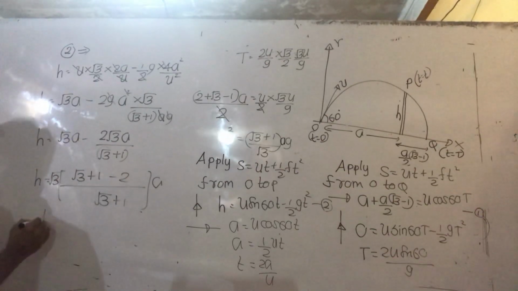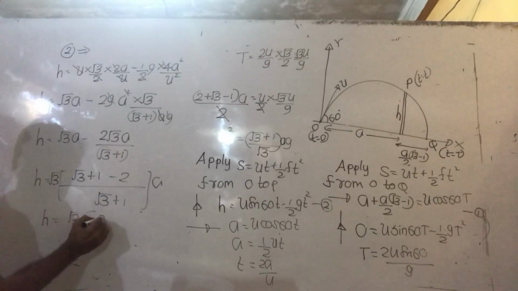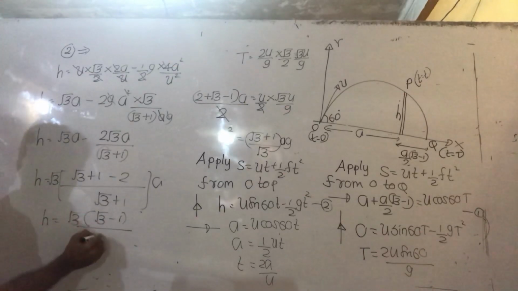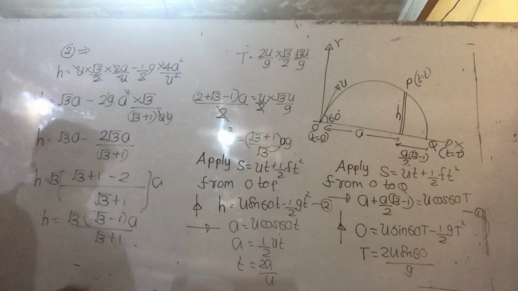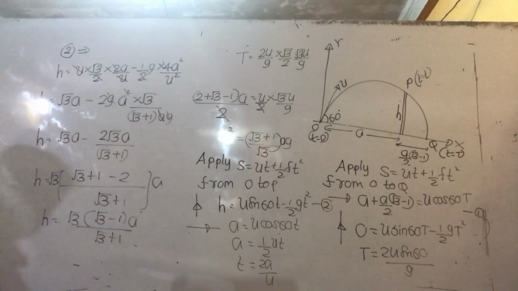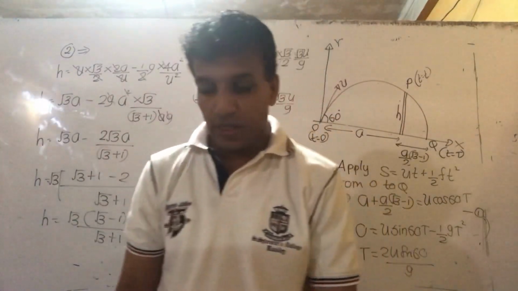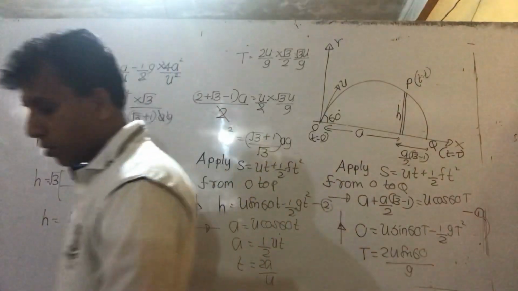So check the answer is given there. Root 3 into root 3 minus 1 over root 3 plus 1 into a is the height of the wall, right? Well balanced question for a structure paper. Okay, see my next question, problem 4.